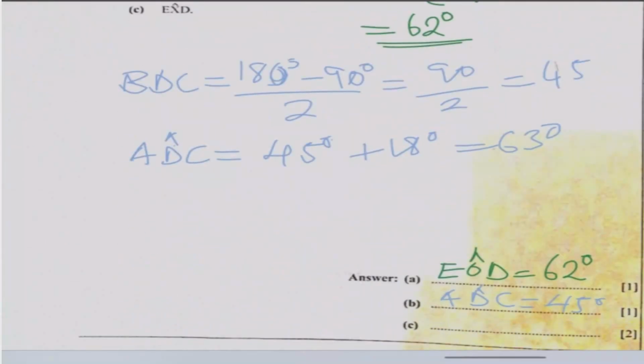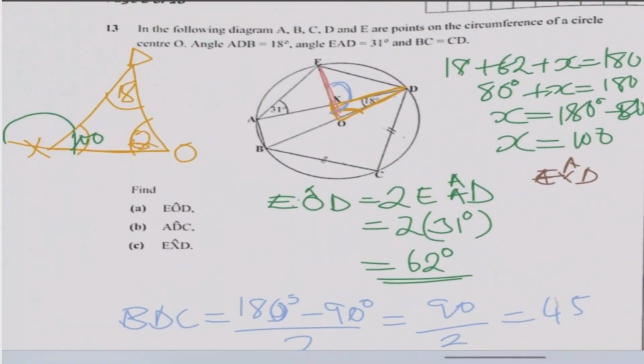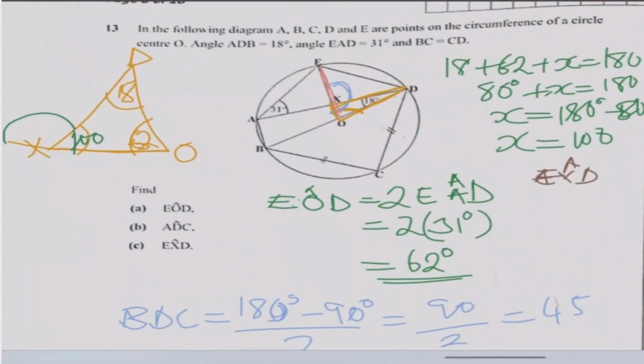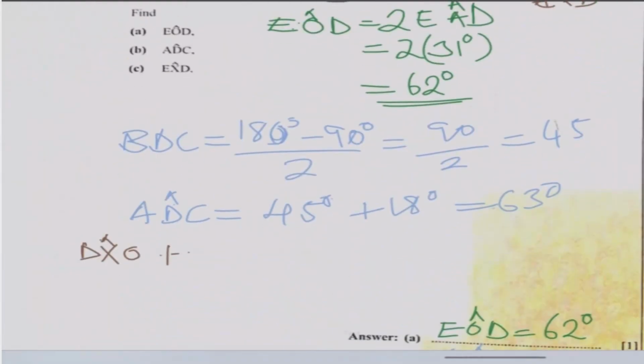We can say angle DXO plus the other angle, which is DXE.